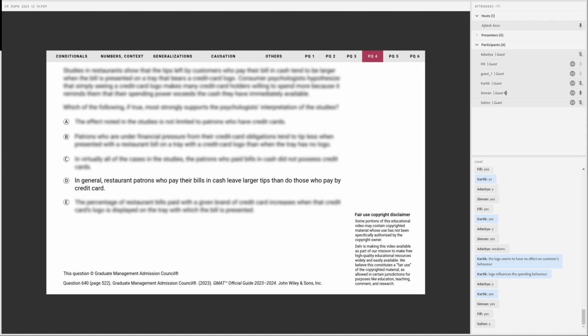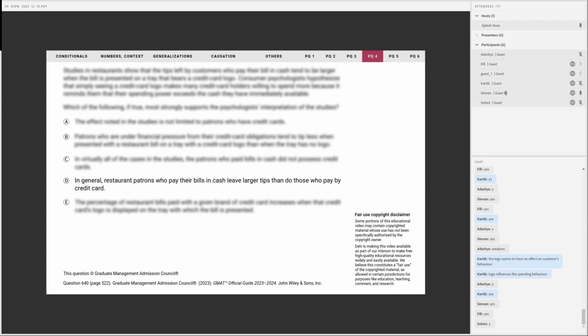I think option D kind of means that having the credit card logo has no impact on the person who's in the restaurant, because whether they hold a credit card or not, they will end up paying higher if they pay in cash. So I think what you're trying to say is that it's not connected to what we're discussing here.